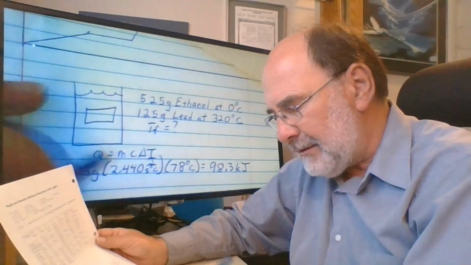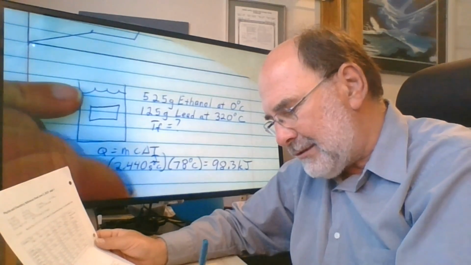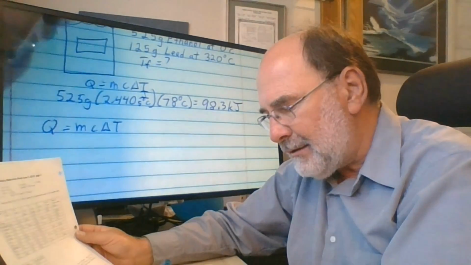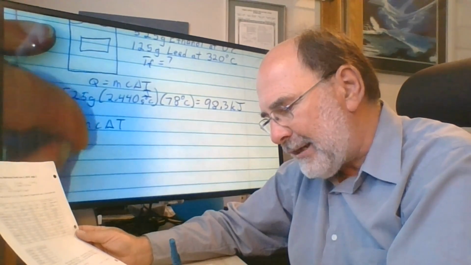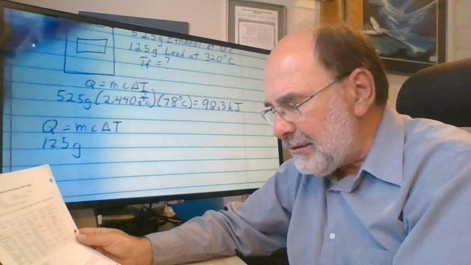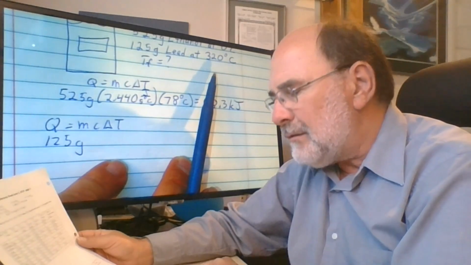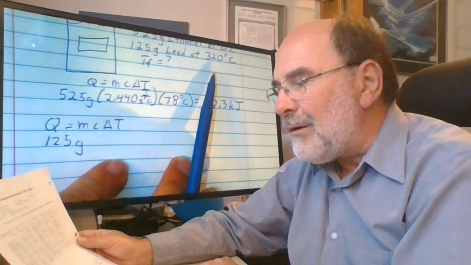So for lead, it's Q equals mc delta T, and now it's going to be the mass of the lead, which is 125 grams, and it's well below its melting point, unlike the surface of planet Venus. And, well, not well below.